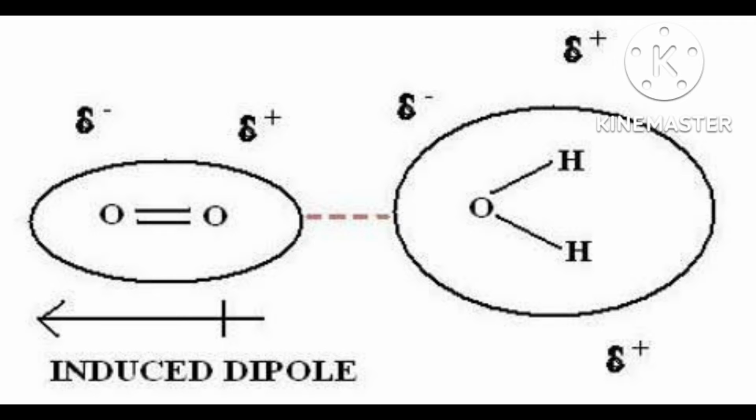The permanent dipole of the polar molecules induces a dipole on the electrically neutral molecules by deforming its electronic cloud. Where permanent dipole was not there, when polar molecules with permanent dipole come, they will distort the electrically neutral molecules and charge will be developed.